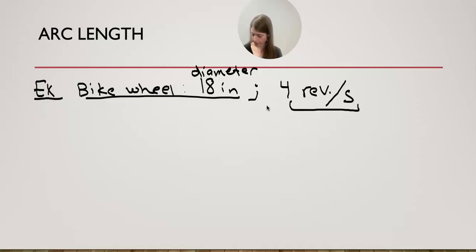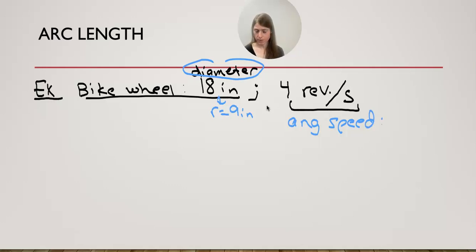You want to be really careful that if they give you a diameter, you think about the radius. You scale out the angular speed by multiplying by the radius instead of the diameter. And then you want to make sure you're also converting this to an angular speed that's in radians. The quick way to do it is, if they tell you the revolutions, multiply by 2 pi.